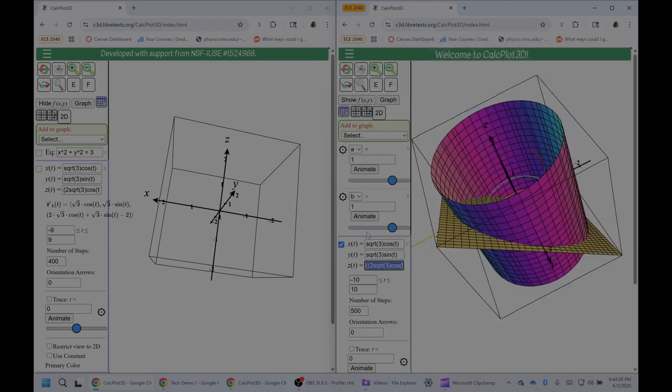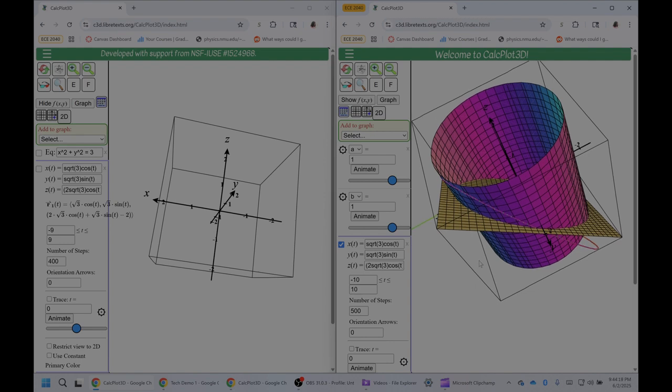I'm missing a parenthesis. Fine. Okay, let me see. Two square root 3 cos t plus square root 3 sine t minus 2. Ooh, there we go. Oh, great. I messed it up.